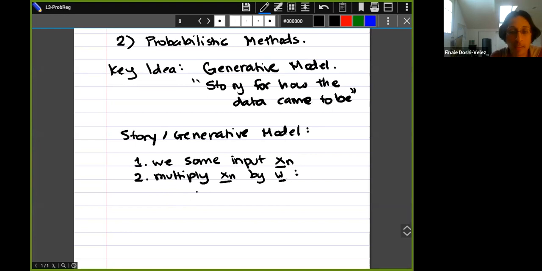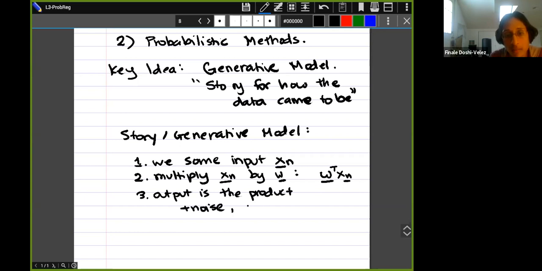So we end up with some w transpose xn out here. And then our output is the product plus noise. And the noise, I'm going to call it epsilon, is going to be sampled, in this case, from some Gaussian distribution.